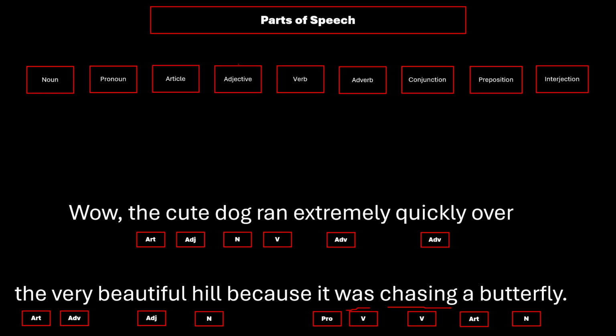But it's easy now because we almost labeled all words here, and the remaining words are over, because, and wow. Now let me define those two first.